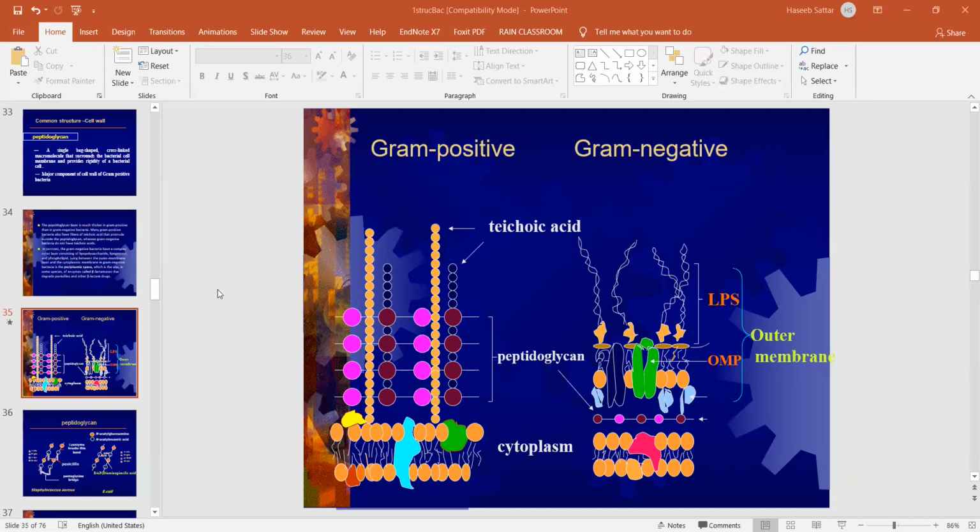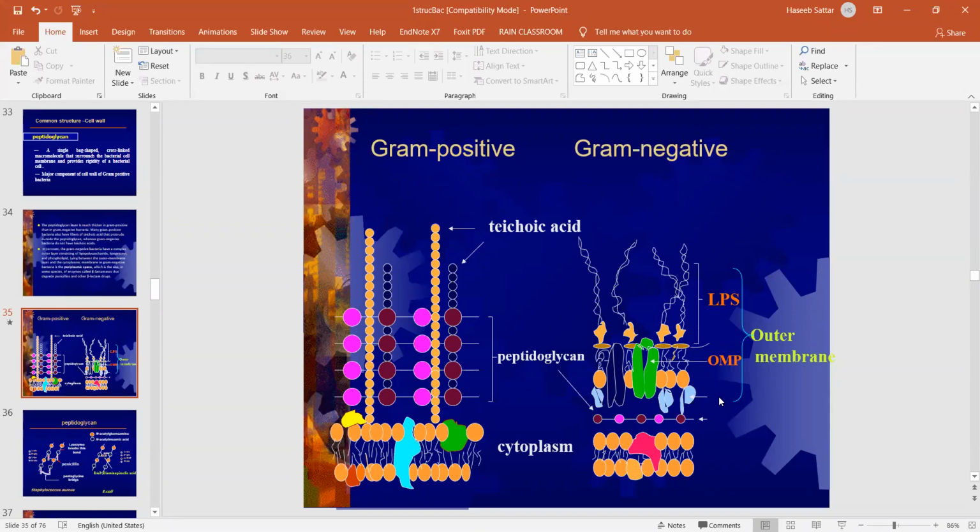If you see the picture here, some fibers protrude from the peptidoglycan, and these fibers are made up of teichoic acid. But in gram-negative bacteria, there is no teichoic acid.